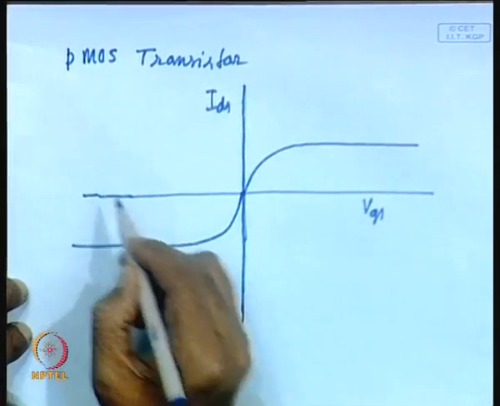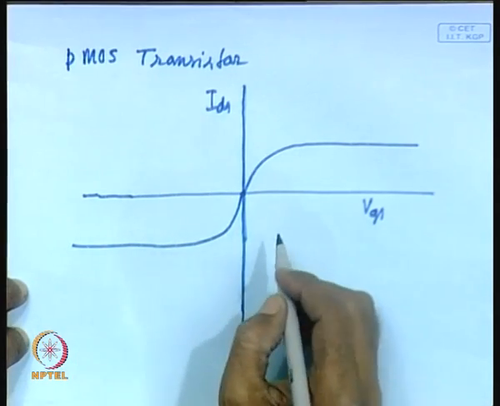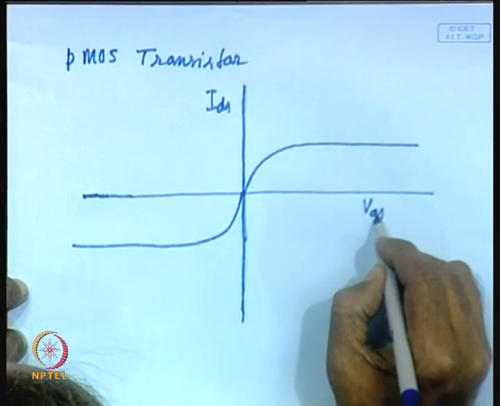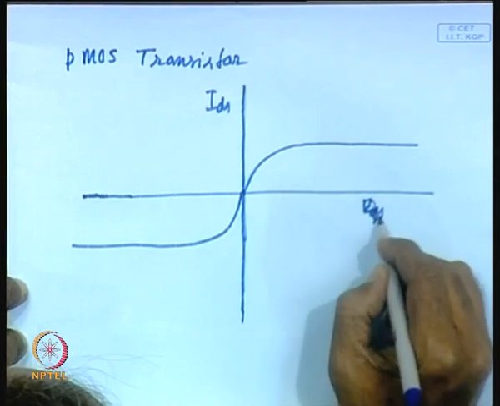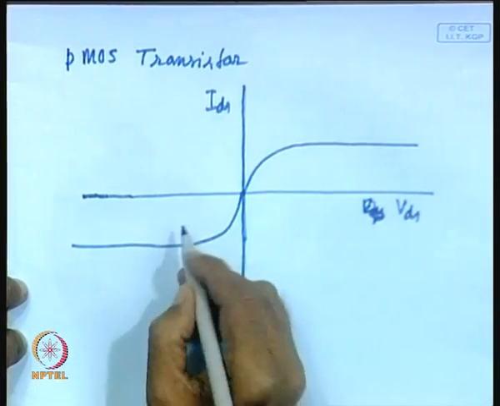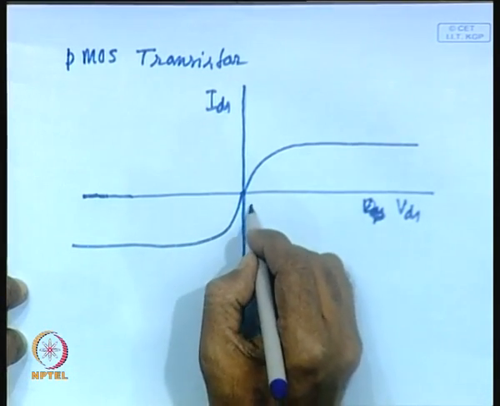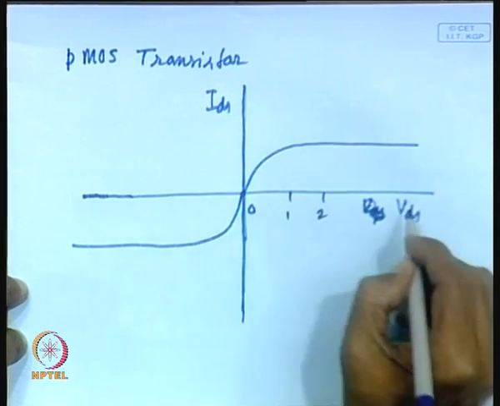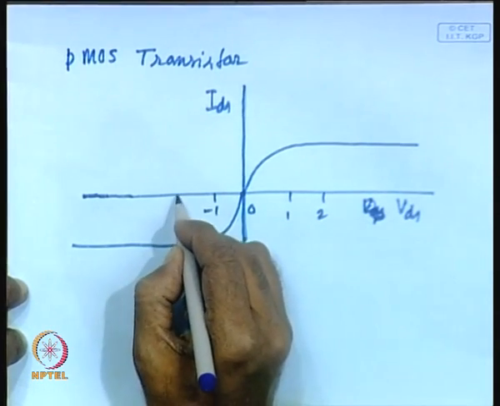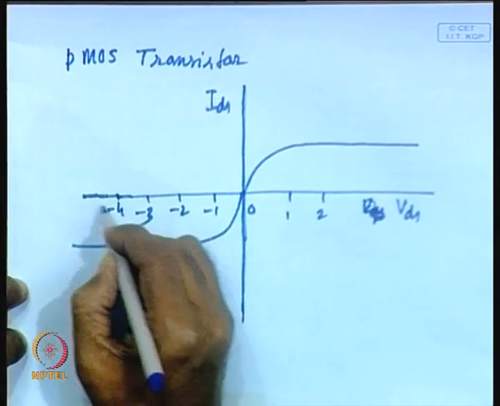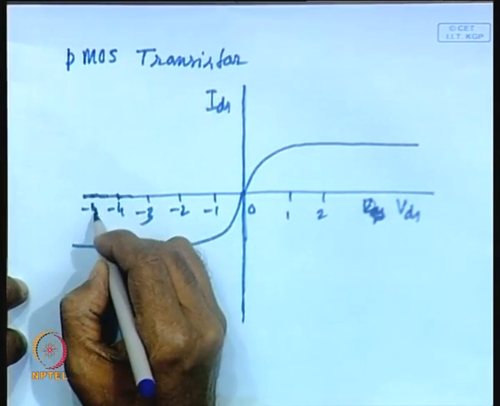That means, you will be applying the drain voltage, sorry, this is your VDS, I have written it wrongly, VDS. So, here it will be negative, here also VDS, but here it is 0, 1, 2, and here it is -1, -2, -3, -4, -5 and so on.